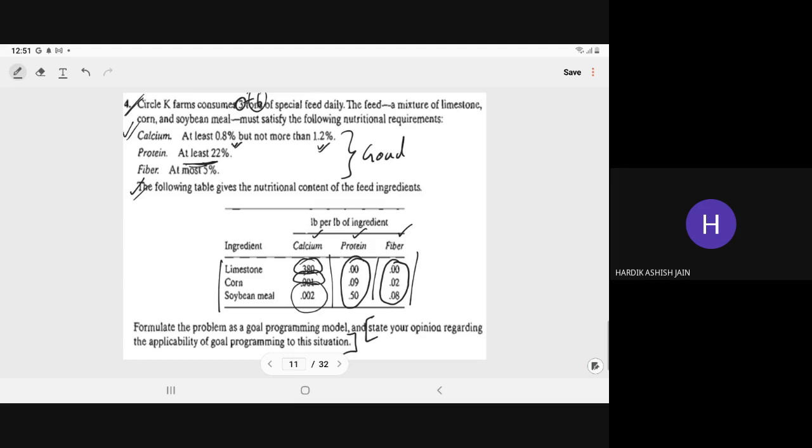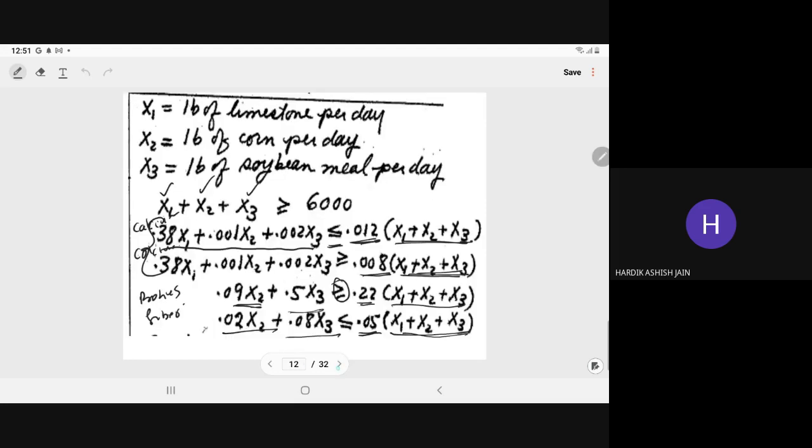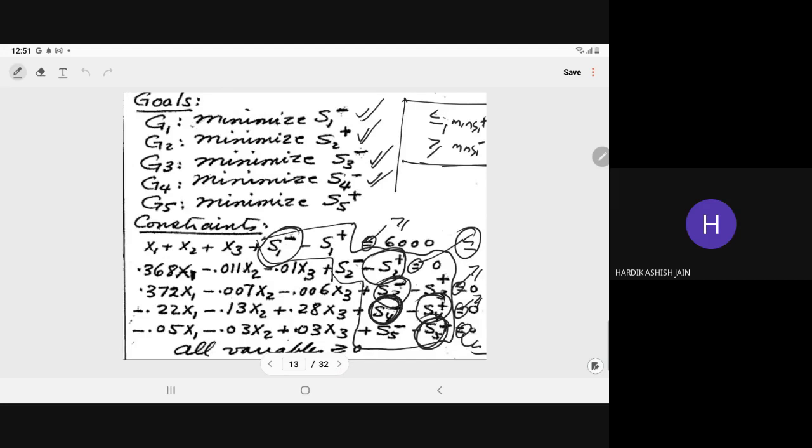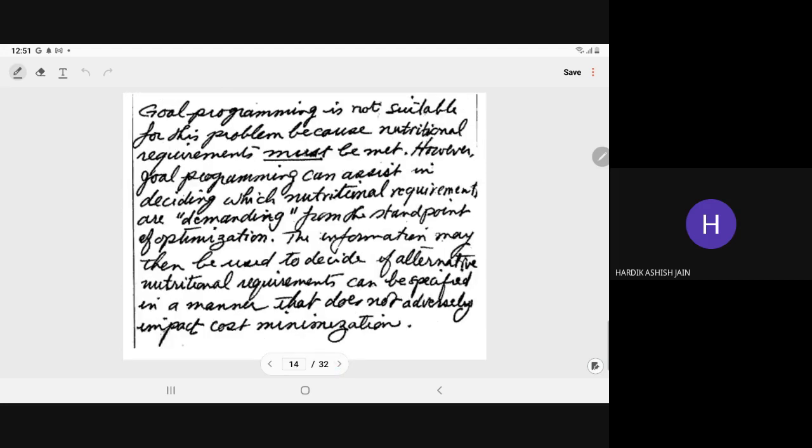Wherever we have a situation of compromise, there you can apply goal programming. Otherwise you cannot apply it. So this problem is not suitable for goal programming. It is written, goal programming is not suitable for the problem because the nutritional requirements must be met. There is no chance for malnutrition.